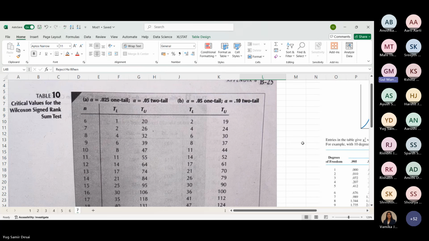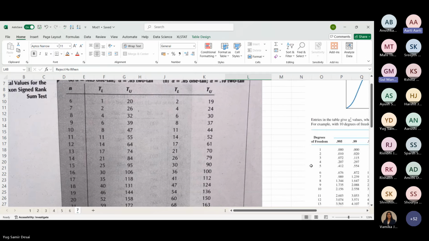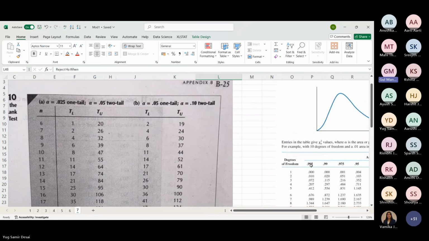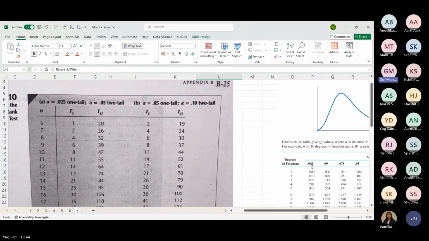The significance value will always be equal to 0.05 in most of the cases, right? They have told us it's 5% significance value. Like in chi-square, we see the degree of freedom and the significance value, and we match the value. Same here, we have to see the n value and the significance value at 0.05.